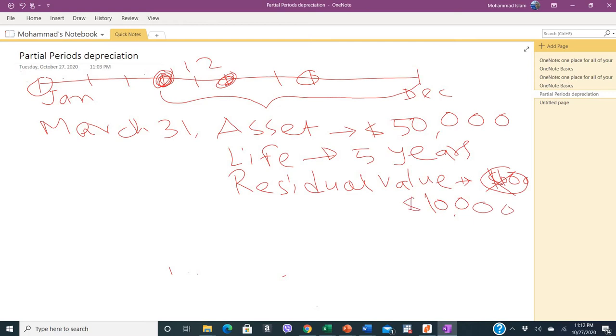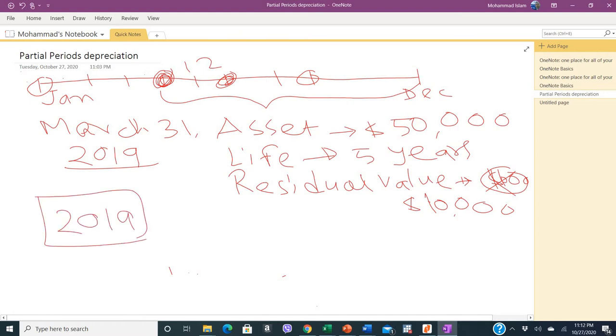Say this has happened in 2019. So what is the depreciation for the year 2019? See how many months we have used. We have acquired the asset on March 31st, so January, February, March, 3 months gone. So we have used the asset for 9 months, right?